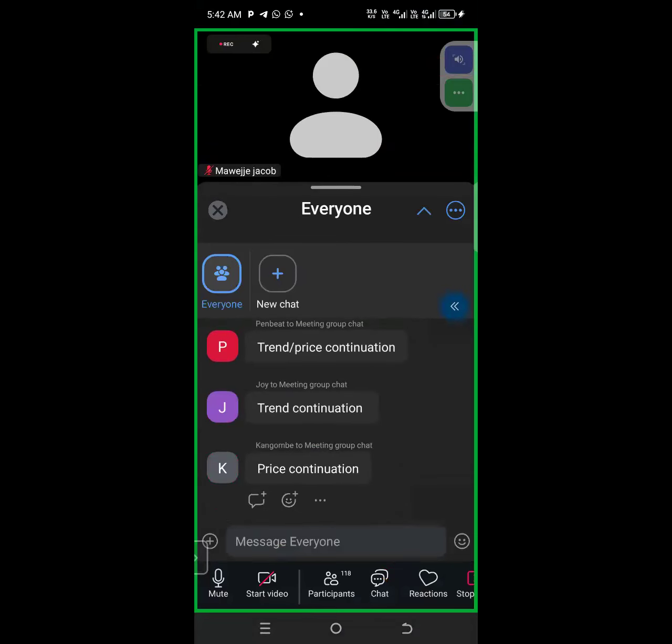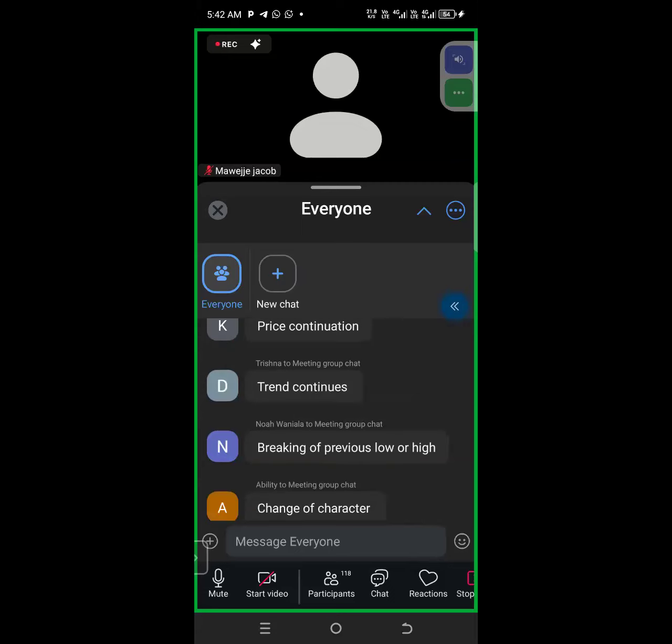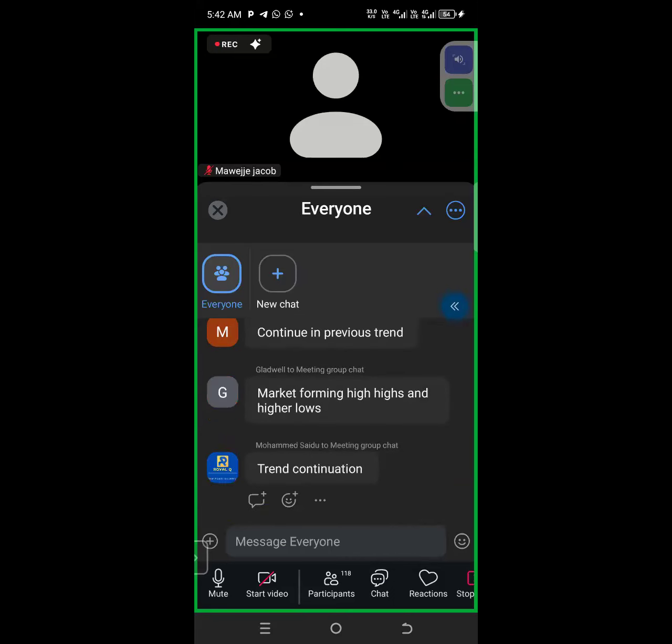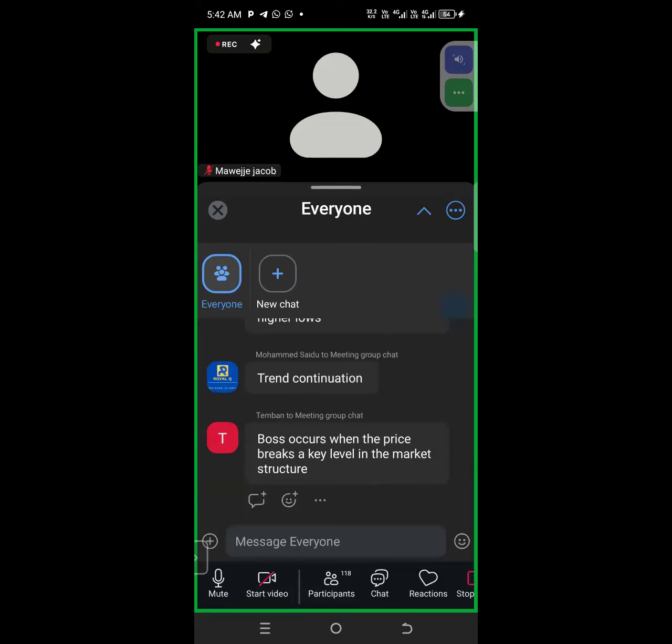All right, that is good. Okay, so breaking of previous lows or highs, change of character. Which one is this one? Which one is the change of character? We said what is break of structure? You are saying break of structure is change of character. Are you sure?